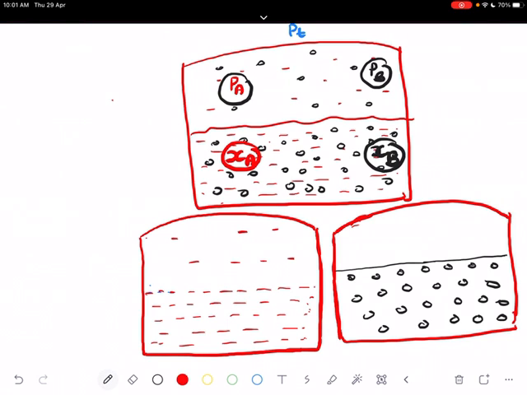Above the first, there is vapor pressure due to the first liquid. Above the second, there is vapor pressure due to the second liquid.